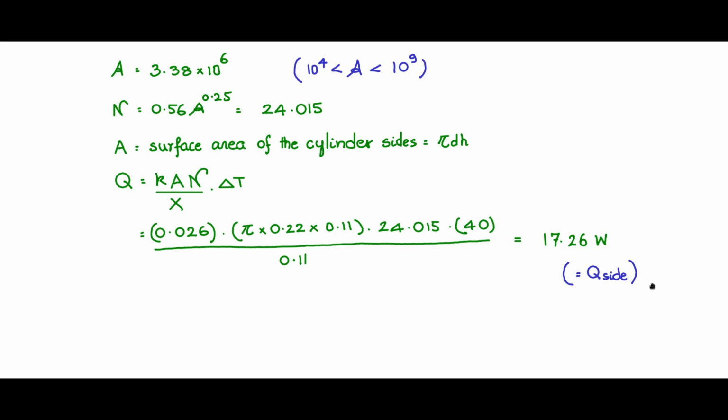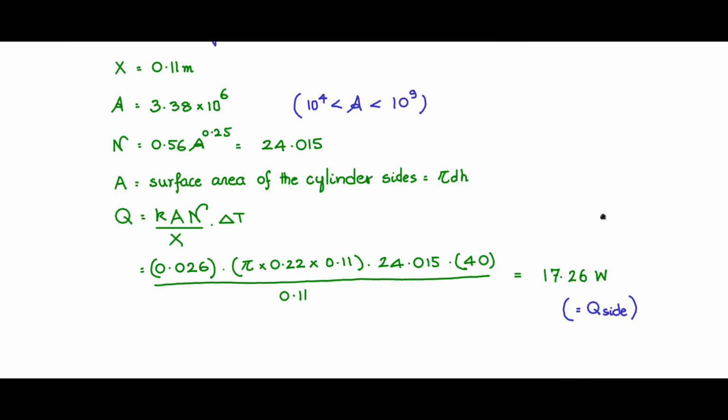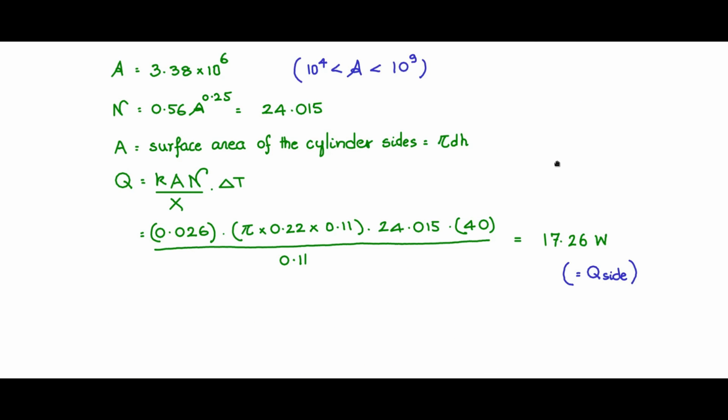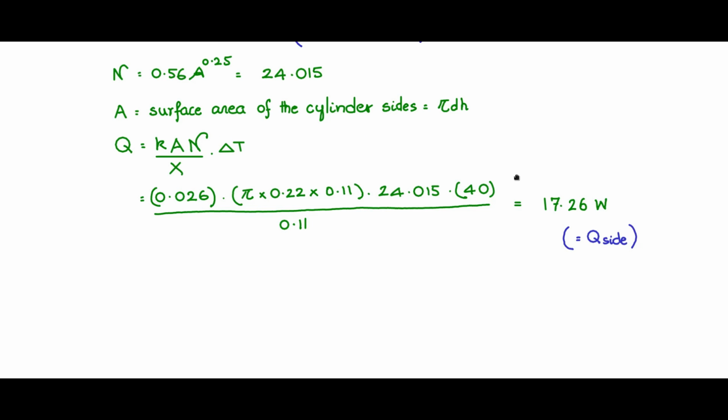So from the sides of the cylindrical aluminum block, which is acting as a heatsink, 17.26 watts is flowing out. From the top, we saw 7.13 watts is flowing out. So together, the total heat flow to the ambient, QH, going out of the cylindrical aluminum heatsink block, is Q top plus Q side.